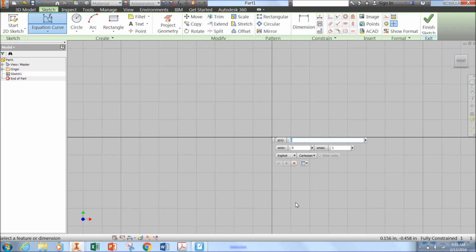We want to create a solid that is bounded by the curve y equals e to the negative x, the vertical lines x equals 0 and x equals 1, and the horizontal line y equals 0, to form a region which will be revolved around the x-axis. We're going to first import our y equals e to the negative x curve.